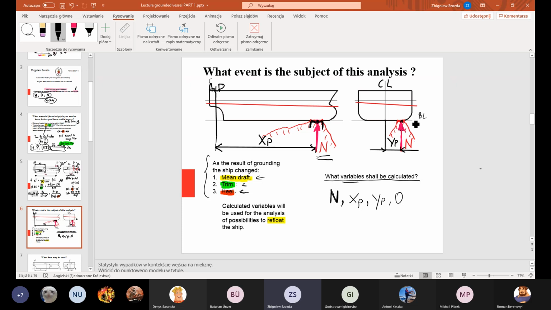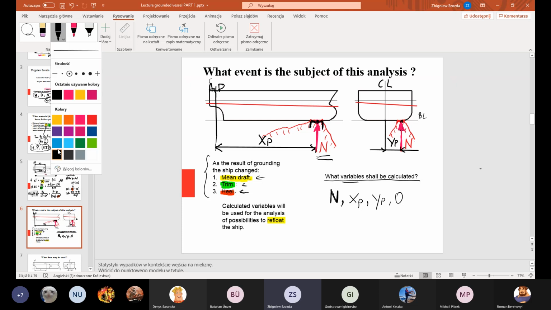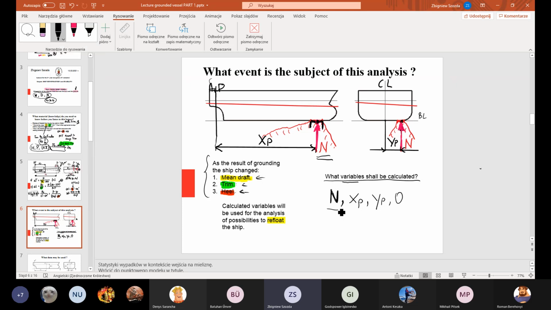Sometimes if the point of contact is somewhere here, the vertical position of the point of contact may be non-zero, but for our purpose, we will assume that the contact point, the point of action of the reaction is placed on the baseline. This is assumption.